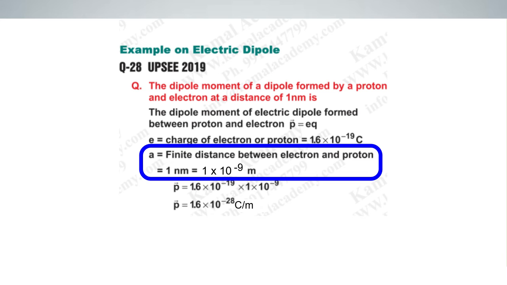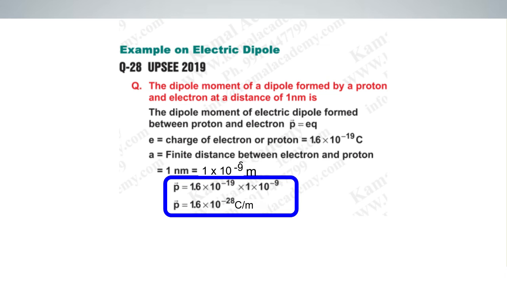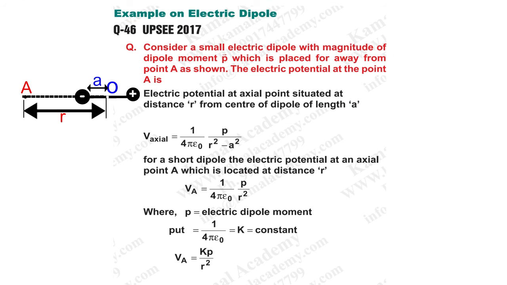So substituting the values of q and a in the above equation, we get dipole moment p as 1.6 into 10 minus 19 into 1 into 10 minus 9, which is 1.6 into 10 raised to the power minus 28 coulomb meter.